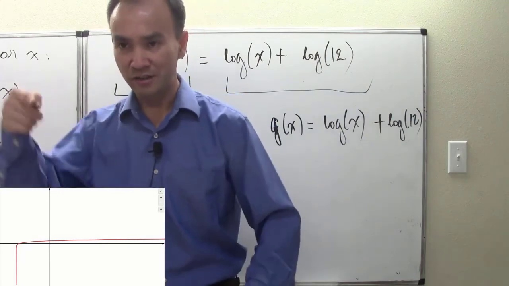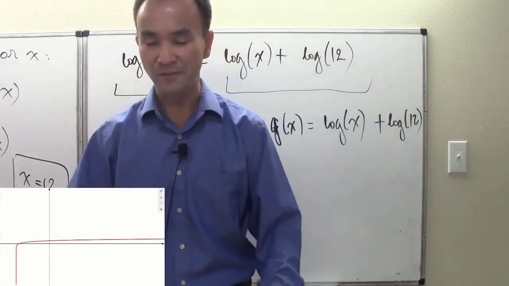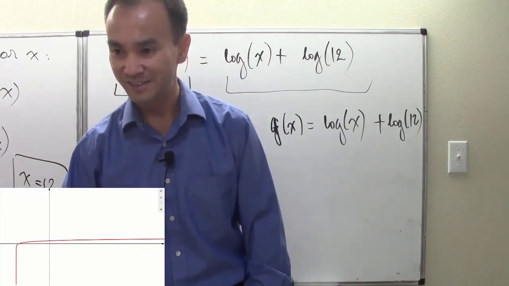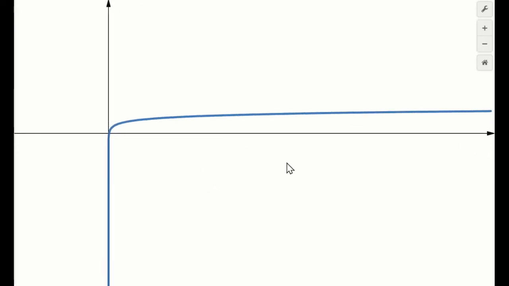The graph you're seeing is the graph for the left-hand side. Now let me pull up the graph of the right-hand side. This is the graph for log base 10 of x plus log base 10 of 12. Now I'm putting the two graphs together.